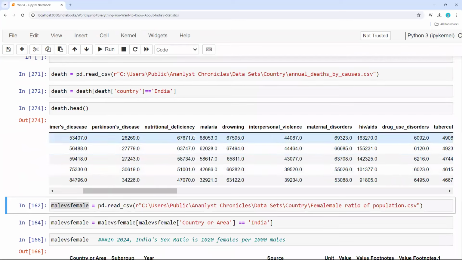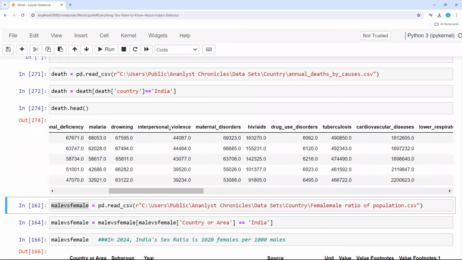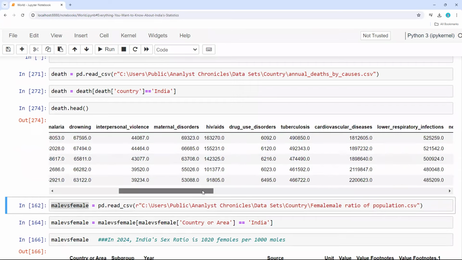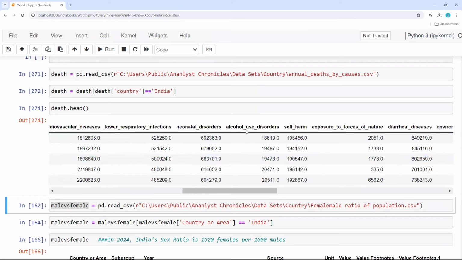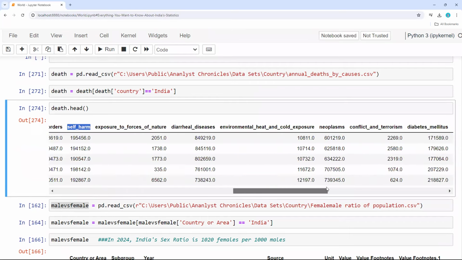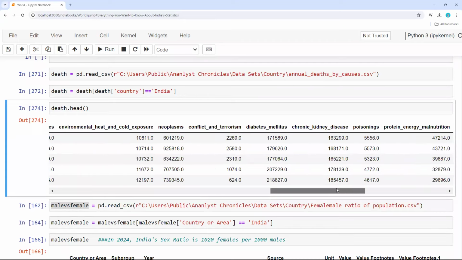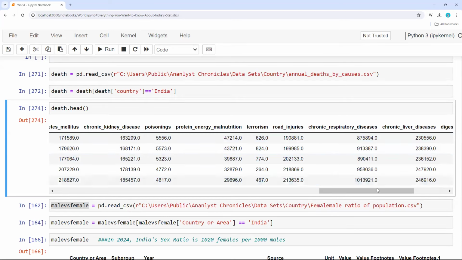How many people died? 67,671 people died in 2007 just because of nutritional deficiency, and also malaria, interpersonal violence, maternal disorders, HIV/AIDS, drug use disorders, cardiovascular disease, lower respiratory disease, alcohol use disorders, and self-harm. 195,000 people died because of self-harm. Also exposure to forces of nature, diarrhea, environmental heat or cold exposure, diabetes, chronic kidney disease, poisoning, protein-energy malnutrition, and terrorism. 626 people died just because of terrorism. Then road injuries, nothing but accidents related to roads, chronic respiratory disease, and chronic liver disease.